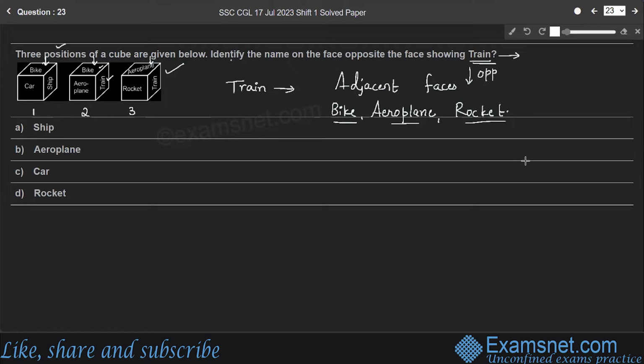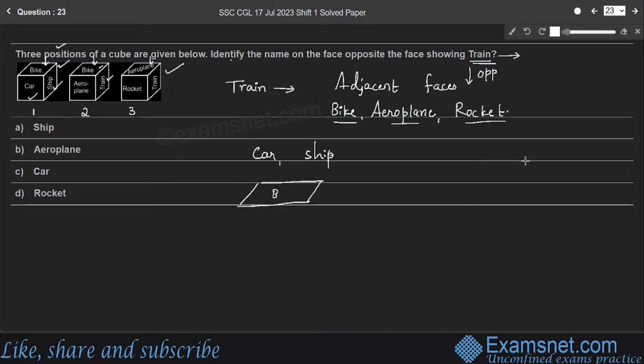So the remaining faces are car and ship. Either car is the opposite face or ship is the opposite face. That we have to decide. So for that, let us consider the first position of the cube. Keep bike as constant, which is the top face.